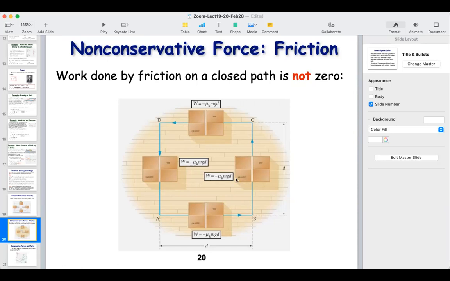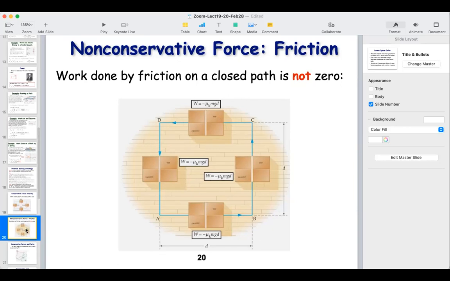In this other case, minus mu K mgd. Here, minus mu K mgd and minus mu K mgd. So in all of these, if you sum up all these works done, this is not 0.